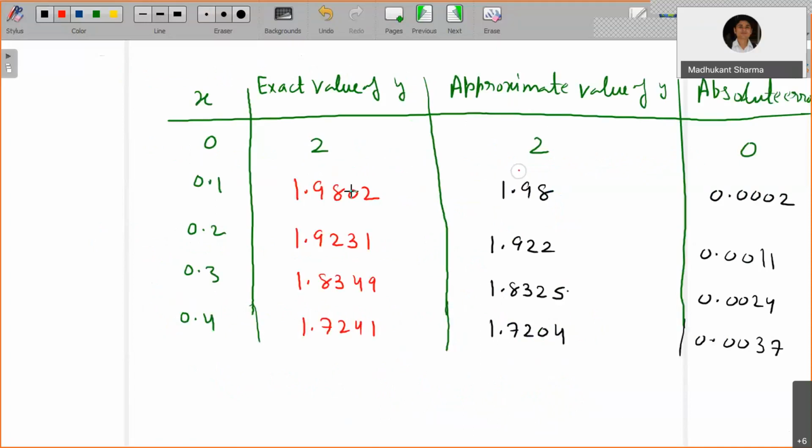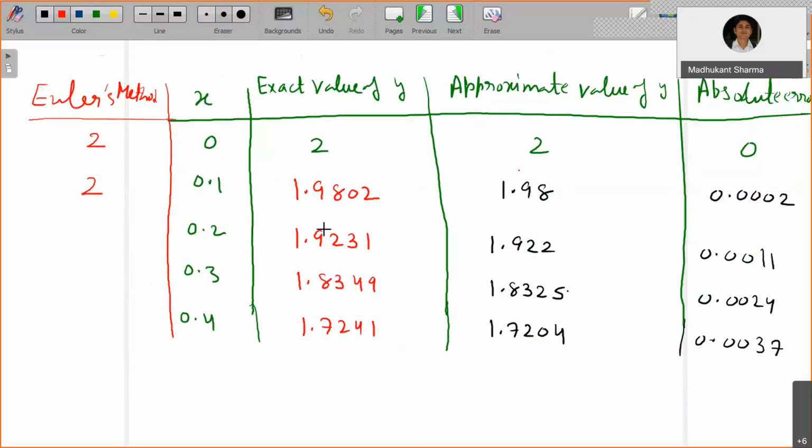From the first step onwards, if you recall from Euler's method, the Euler's method value was 2, the exact value was 2, and here also it was 2.